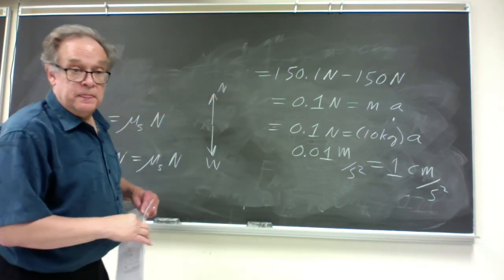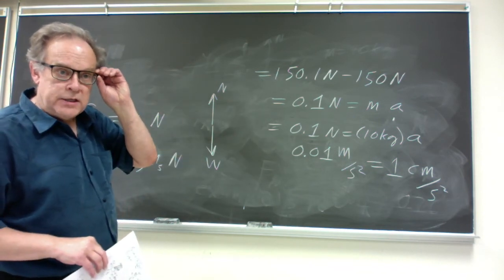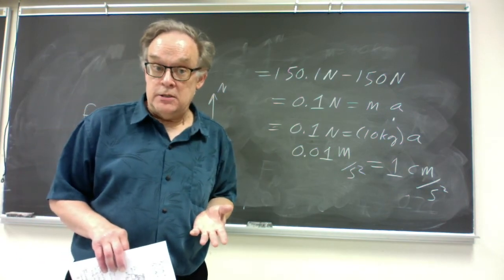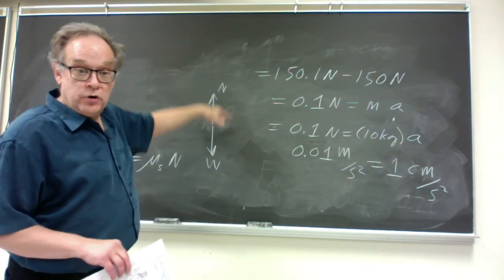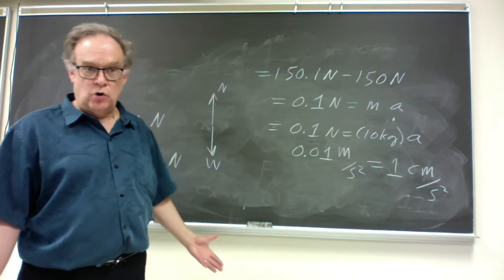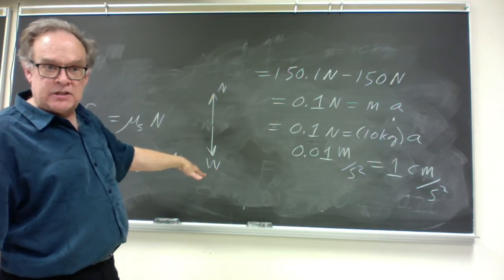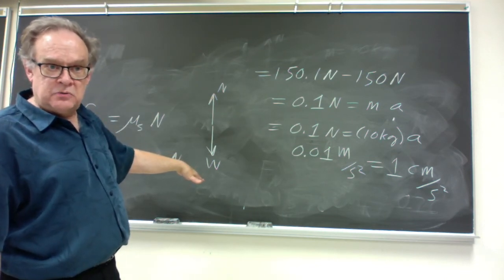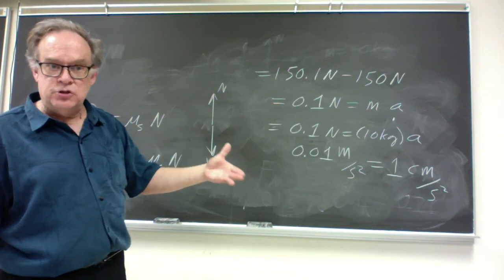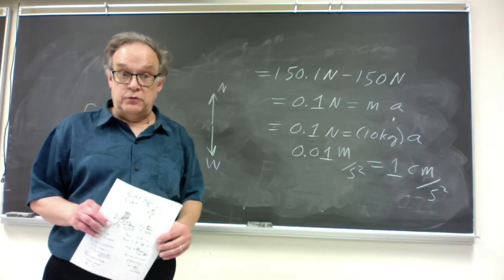The two vertical forces, normal and weight, must be canceling each other out in this case because vertically speaking, nothing is happening. Or to be more precise, vertically speaking, there is a constant vertical velocity of 0. And again, constant vertical velocity means no vertical acceleration, which means no vertical net force.